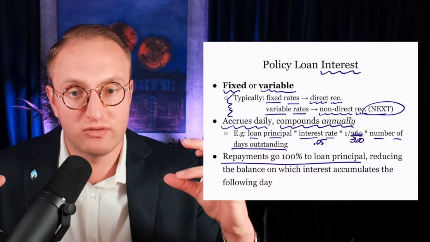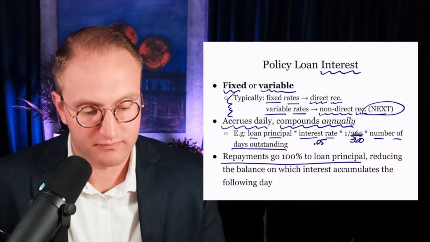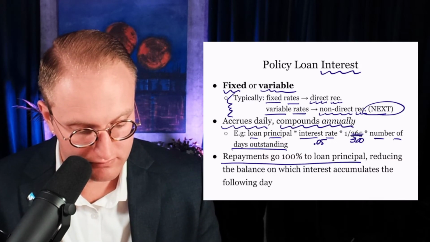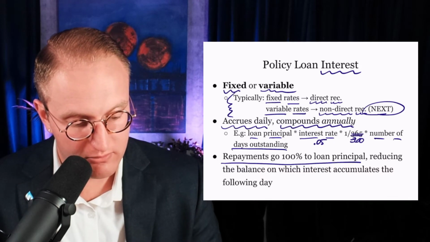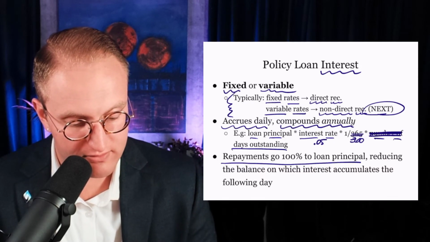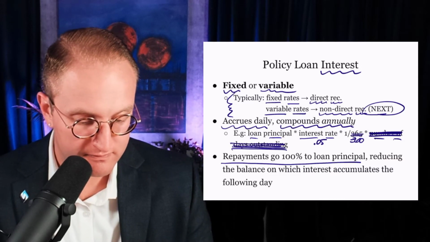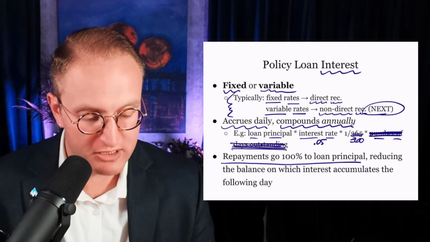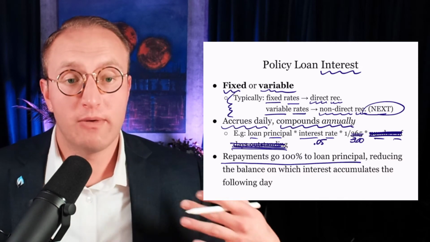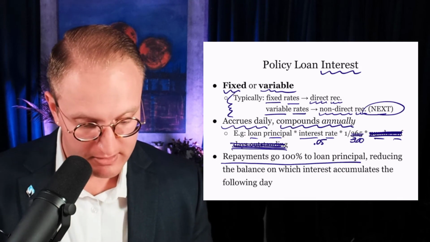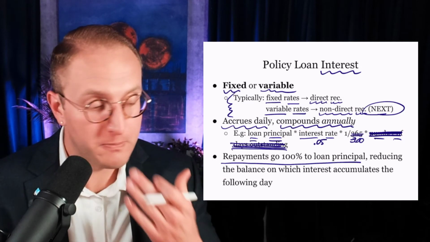That's the interest accrued in that day. We'll forget this number of days outstanding, we'll just cross this out for now. This is the daily accrual here: loan principal times the interest rate times 1. So then when I make a repayment, that repayment reduces the principal on which interest accrues the following day.